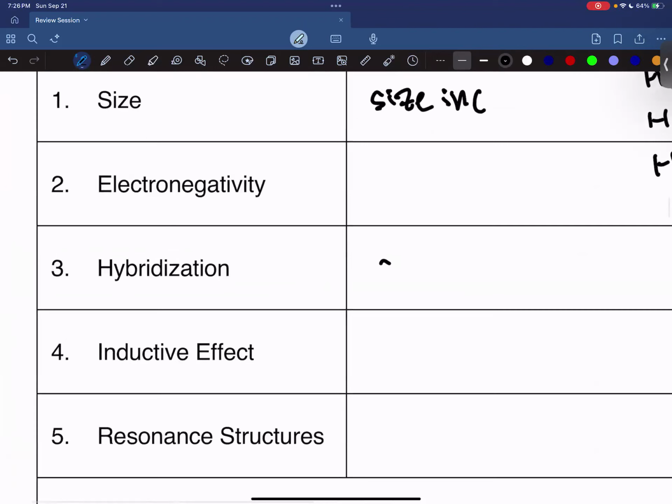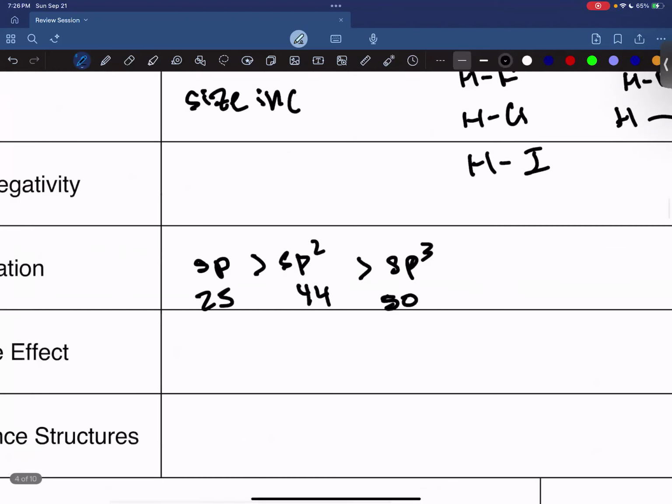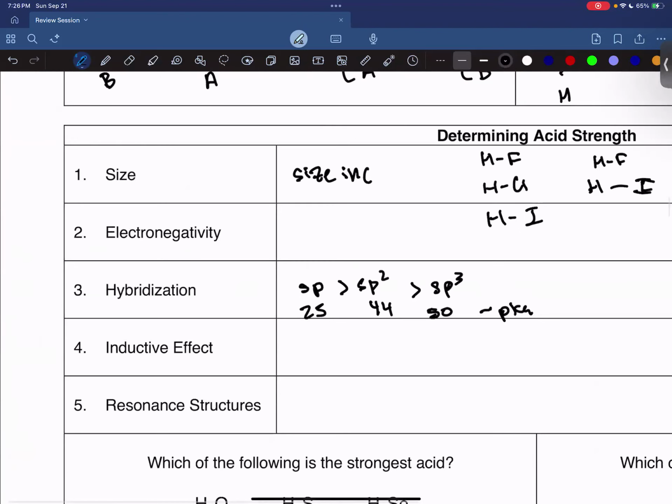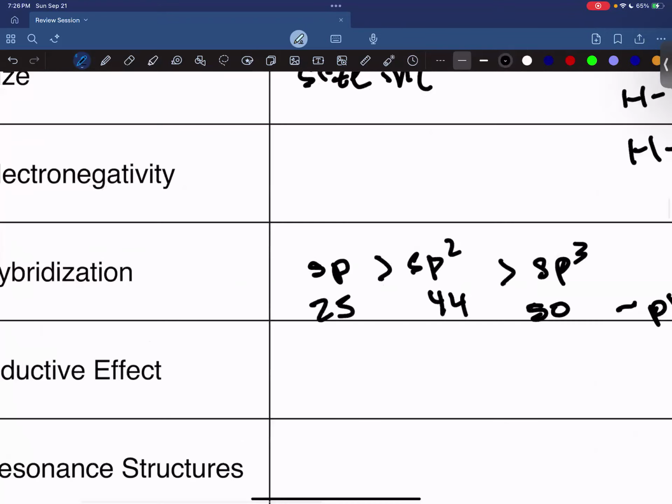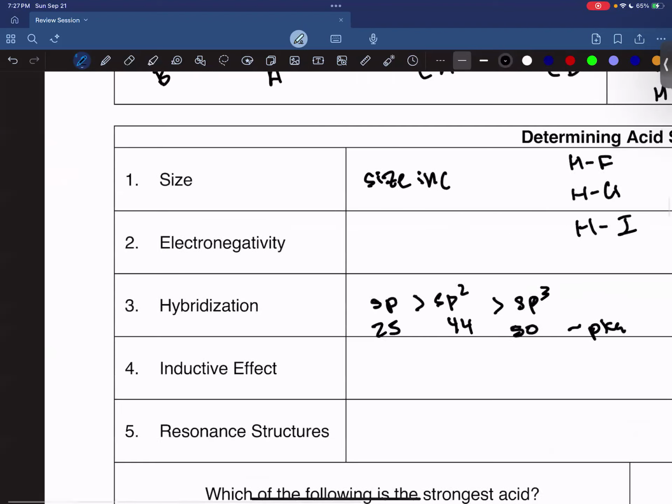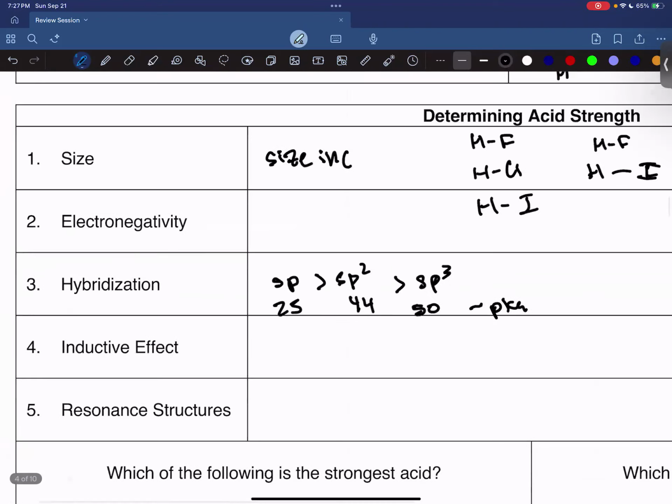Hybridization is a little bit tricky, but if you look at the hybridization of carbons, the pKa of sp carbons is about 25, sp2 is about 40, and sp3 is about 50. Those are their pKa's generally. So you can see that the sp carbon has a lower pKa, indicating it's more acidic. That's just the trend.